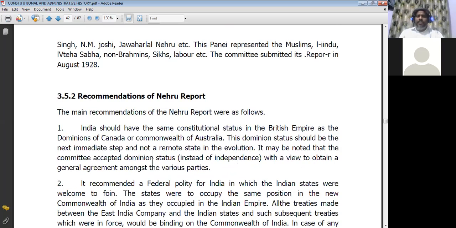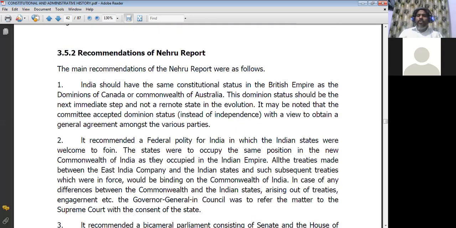The report recommended that India should have the same constitutional status in the British Empire as the Dominion of Canada or Commonwealth of Australia. This Dominion status should be the next immediate step, and not a stage in the evolution.